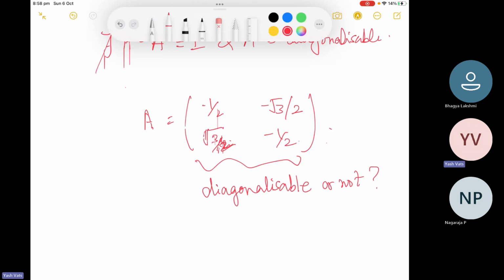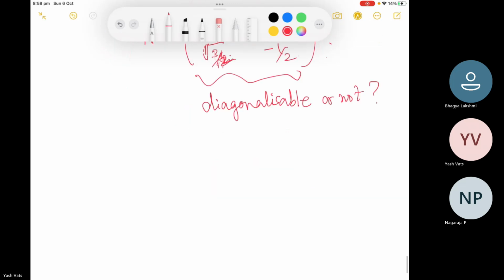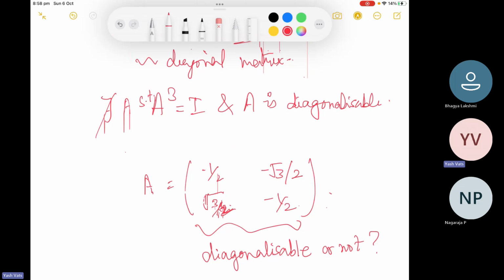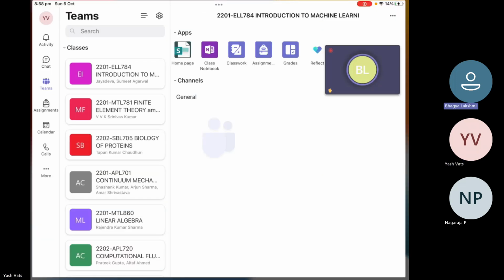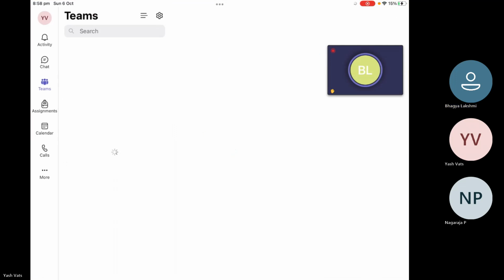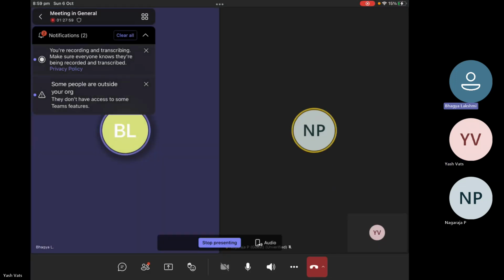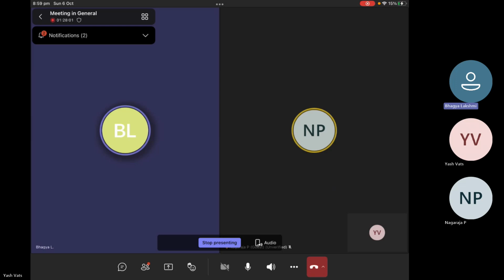It implies that there should be a basis of eigenvectors of A. Yes, sir, it is diagonalizable and its eigenvalues are real. What are the eigenvalues? Yes, it's diagonalizable. So you can find some matrices like minus 1 plus root 3 by 2, minus 1 minus root 3 by 2. But here I want to check if A cube is identity or not.